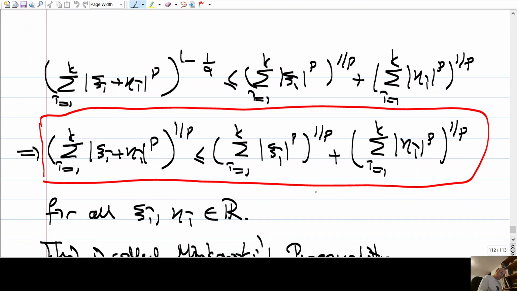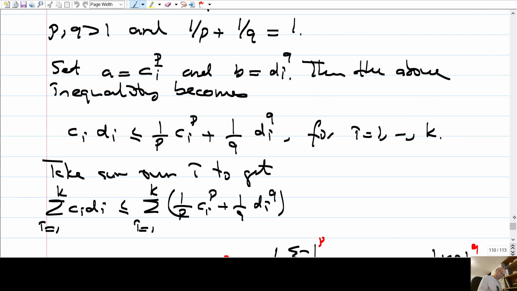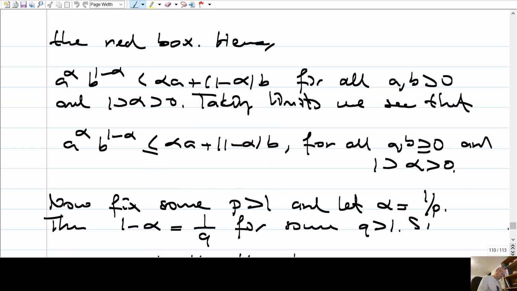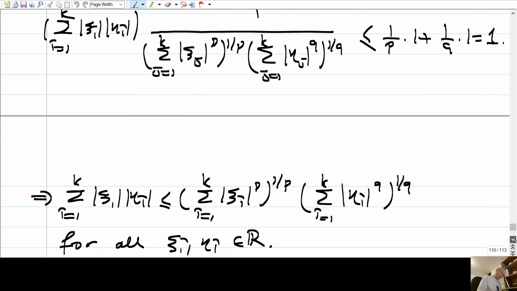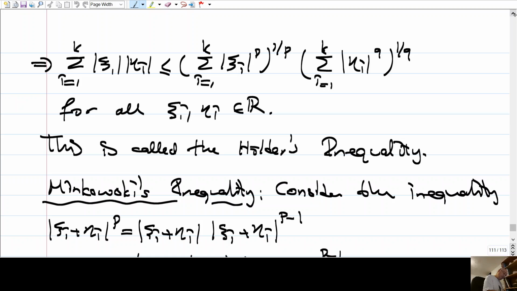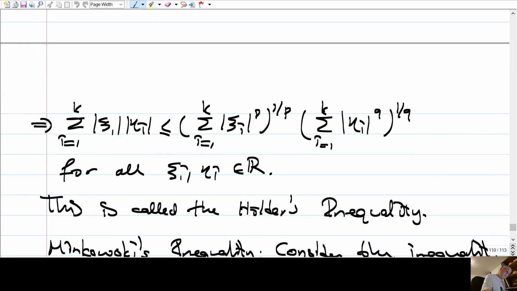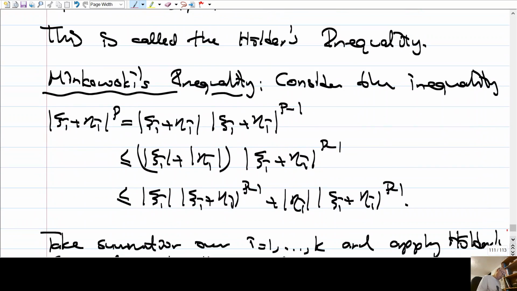This is Minkowski, and yeah, this is Hölder's. Okay, this is Hölder's inequality.